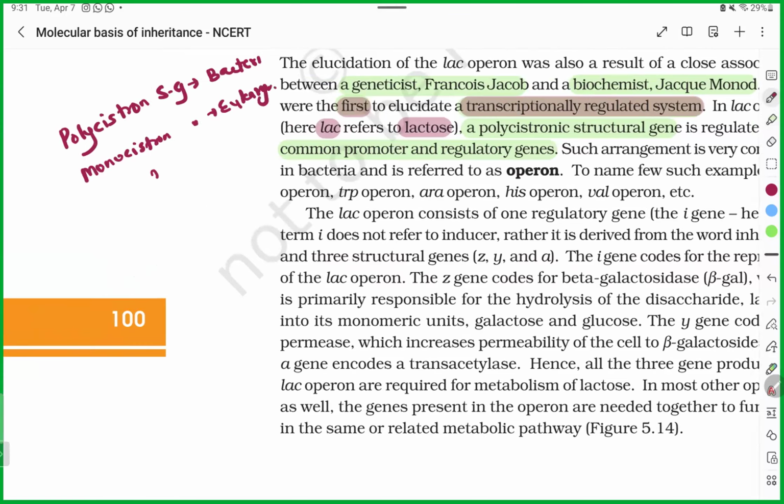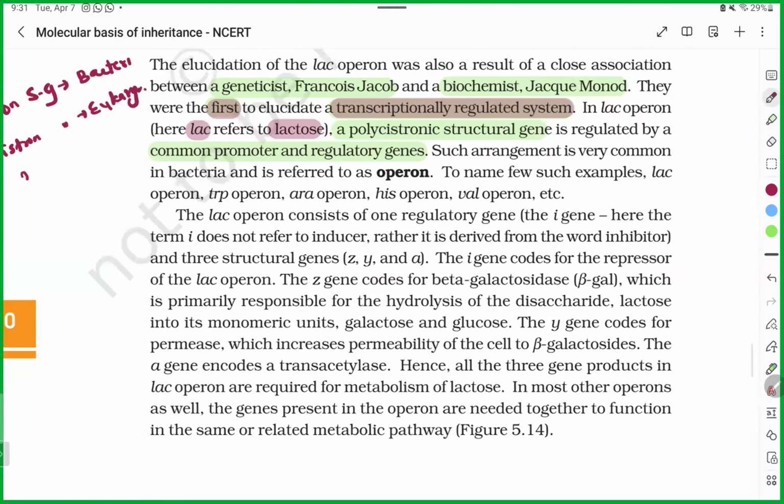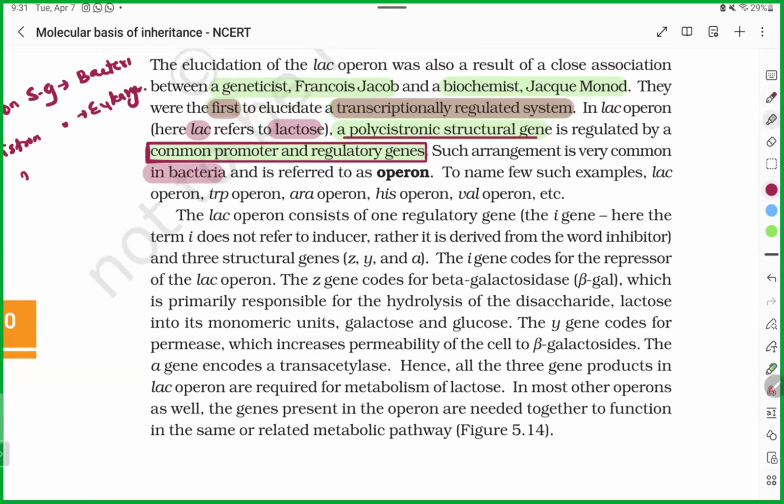Understood? So we discuss any operon in bacteria only. The lac operon is a polycistronic structural gene, and it has one common promoter and one regulatory gene. This arrangement is very common in bacteria and is called an operon system, operated by the regulatory gene and promoter, right?